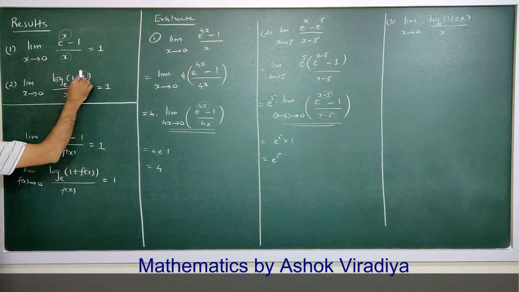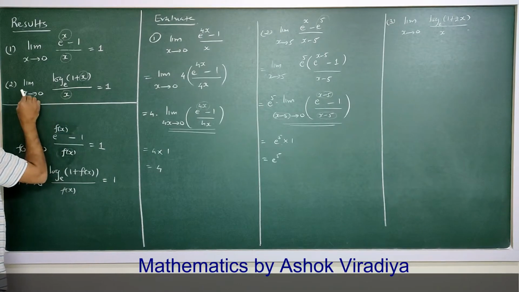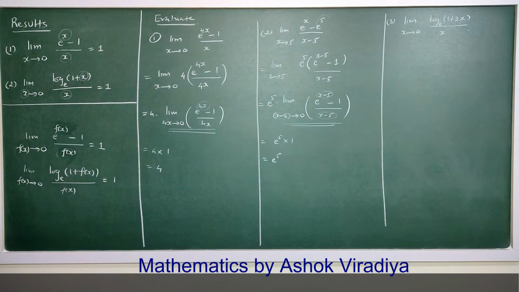Whatever is here, the same must be here. If this is y, this should be y. If this is z, this should be z. Limit is 1. So x can be any function of x. So that is the application.